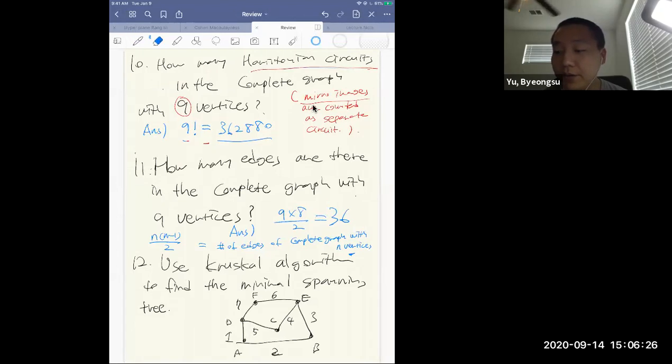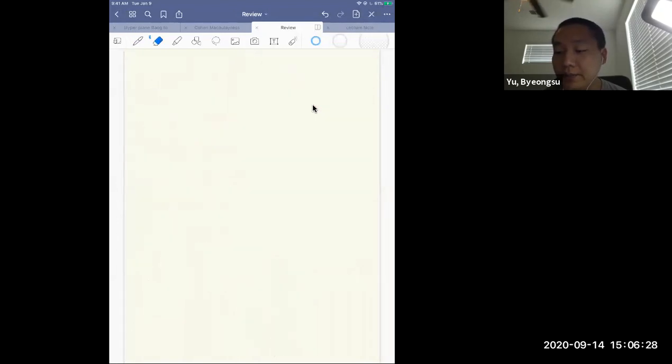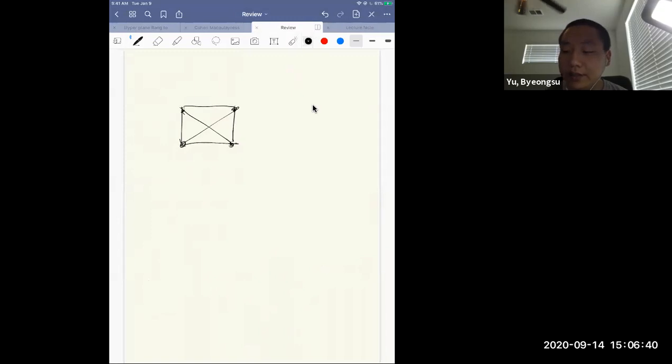To deal with this, for example, if you have a complete graph with four vertices, you can see that each vertex has degree 3, right? So this happens with a complete graph with four vertices.